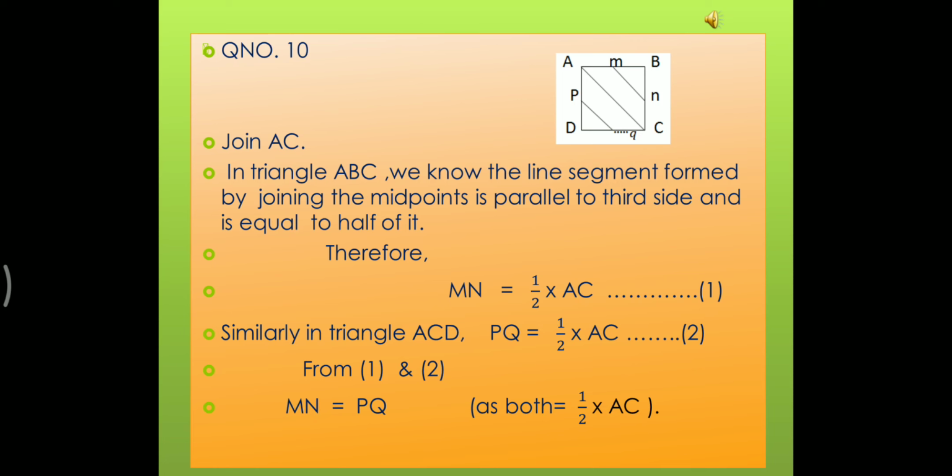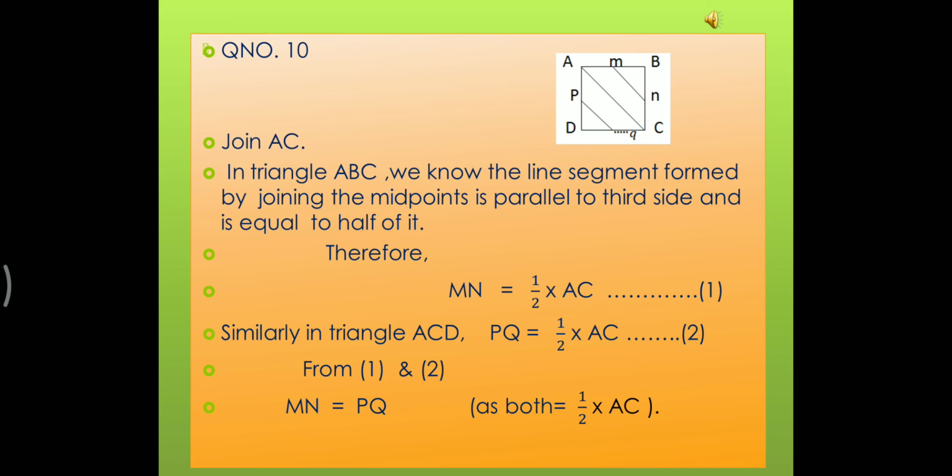P, Q, M and N are the midpoints of the sides on which they lie. That is, M is the midpoint of AB, N is the midpoint of BC, Q is the midpoint of CD, and P is the midpoint of AD. In this question, we have to prove MN is equal to PQ.